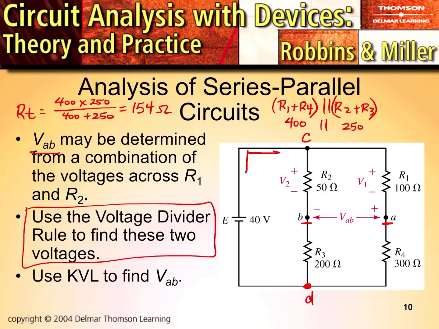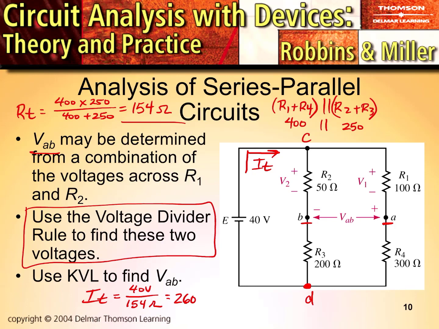Well, we could determine our I total value here based on our applied voltage divided by our total value. So I total then would equal 40 volts divided by 154 ohms, to give you 259 milliamps, 259.74.